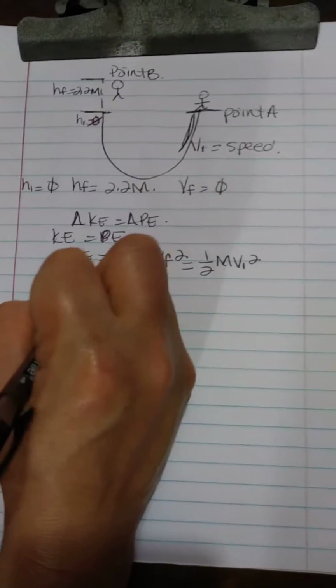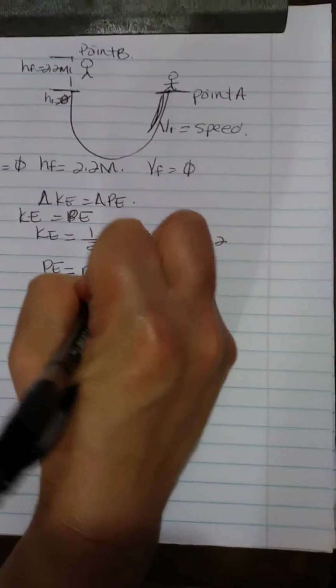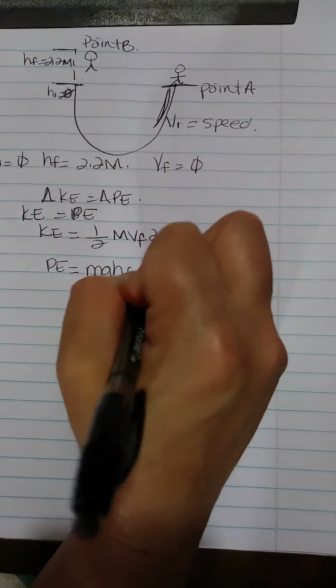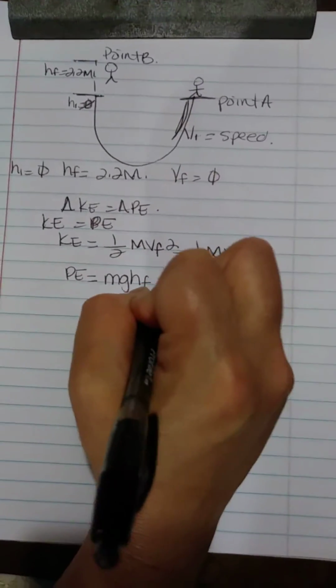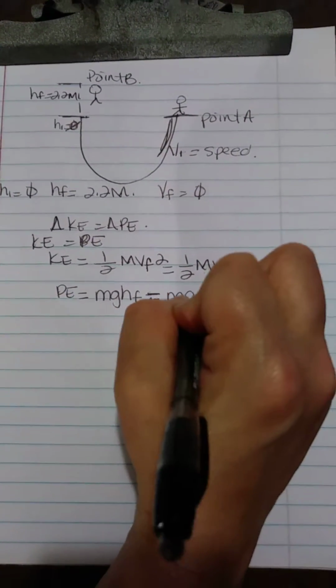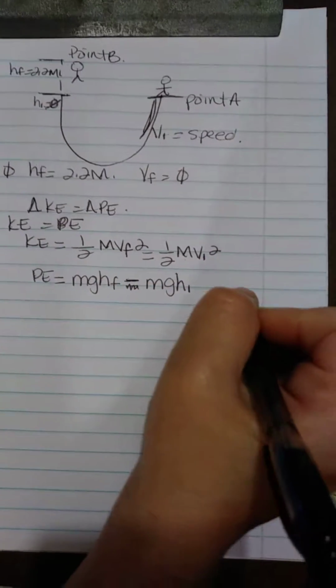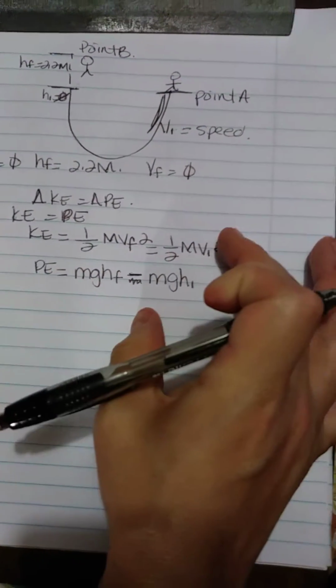Our potential energy is mass times gravity times height, final minus mass times gravity times height initial.